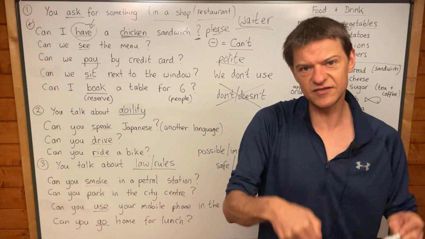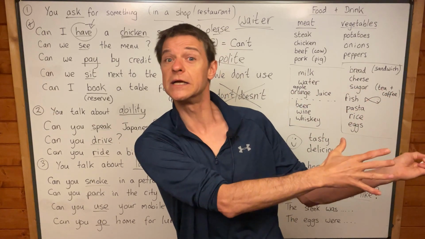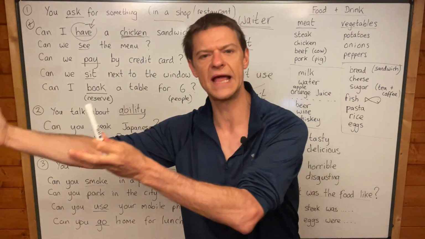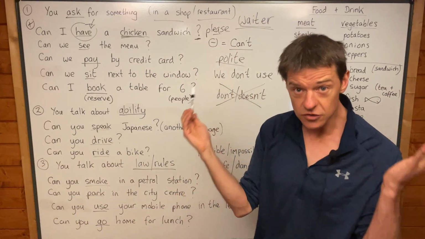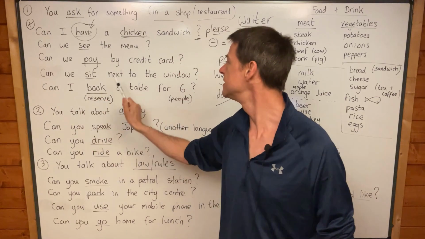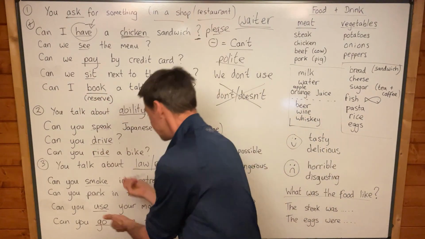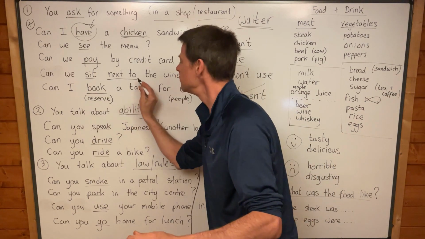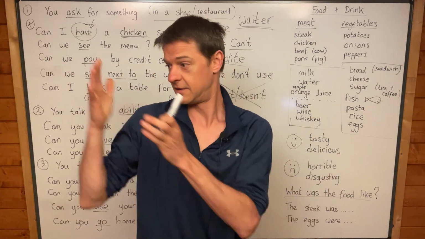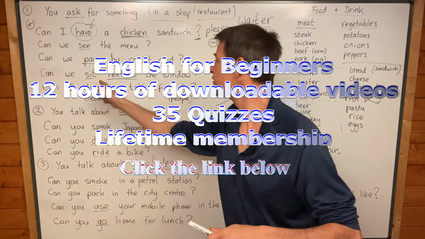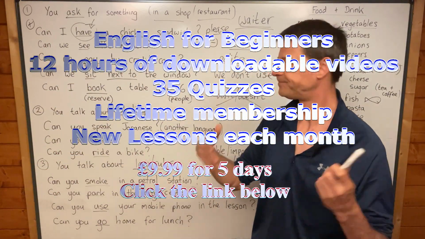We don't like this table next to the toilet. We want to sit at the table next to the window. Okay, so you ask for something. You say, can we sit next to, don't forget, next to, it means next to the window. The window is here, you are here. Can we sit next to the window?